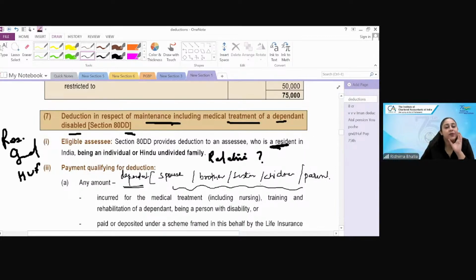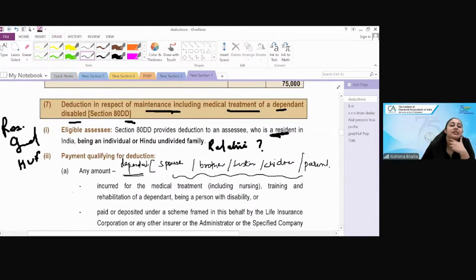So now the assessee, when he is incurring expenditure for the maintenance of such a relative, he or she is given a flat deduction irrespective of the expenditure. Even if he's spending only 1,000 rupees on the maintenance, or say 10,000, whatever, the flat deduction given to him is 75,000, irrespective of expenditure.